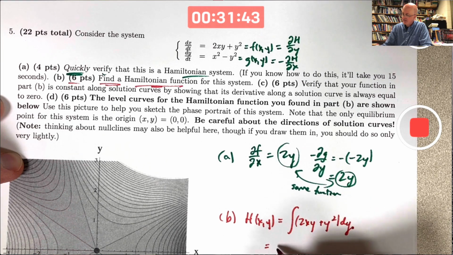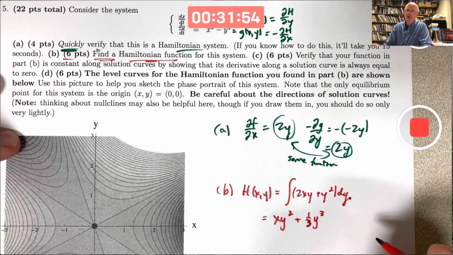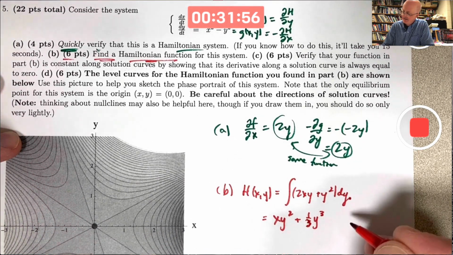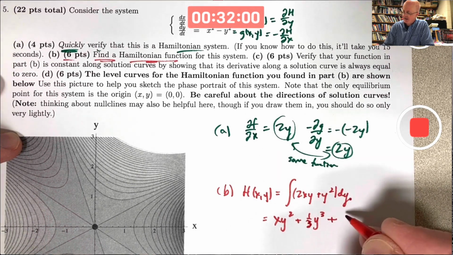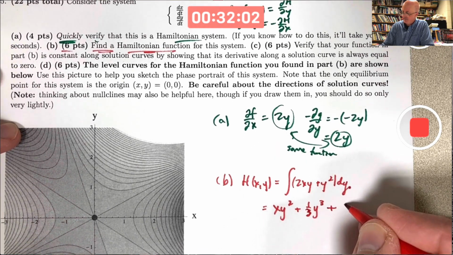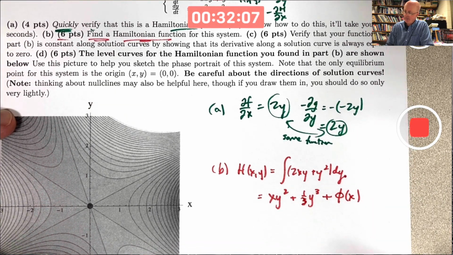You're going to get x times y squared when you integrate this one, plus 1/3 y cubed when you integrate that one, plus some integration constant, which is really not a constant. It really could depend on x, because in the end, h can depend on x, and it does right there, in fact. I'll call that phi of x, some function of x.